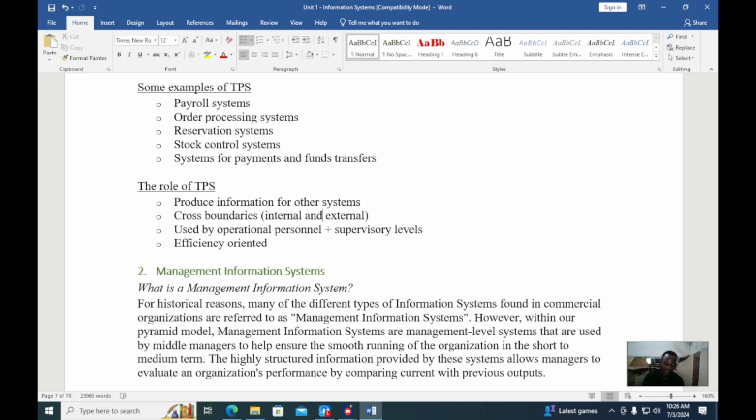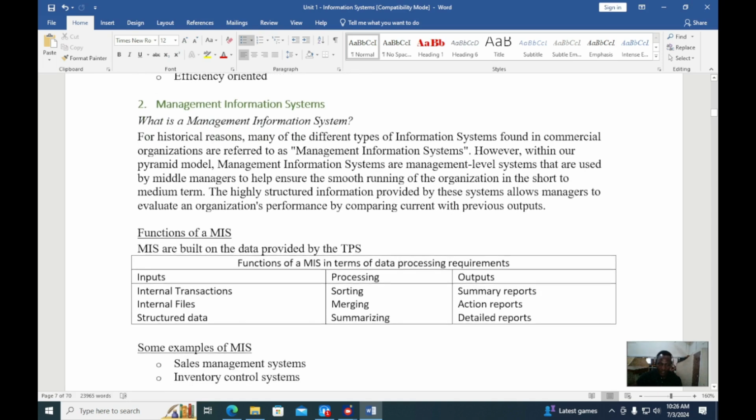Operational personnel, as I talked about, the front desk, and supervisory levels. Then another role of TPS is that they are oriented toward efficiency. Their main area of focus is to make sure that there is efficiency.